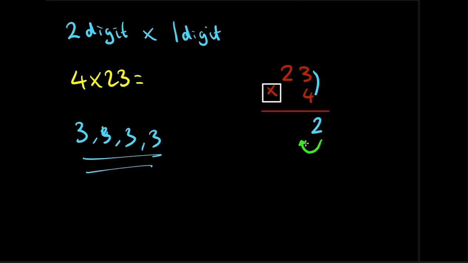So we have a plus 1. So 2 times 4 is 8. But we have a plus 1 from our 12. So 8 plus 1 equals 9. It's 92. That is why 23 times 4 equals 92.